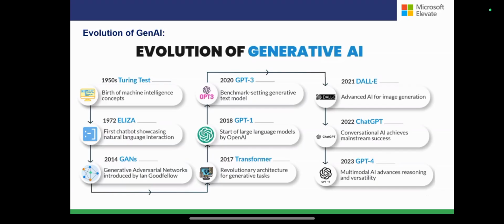Then later on, in 2017, the transformer model came. It is one of the machine learning architectures that takes natural language plus machine learning techniques to understand things. A research paper was released in the year 2017, and its name is Attention Is All You Need. So you can go through that research paper.